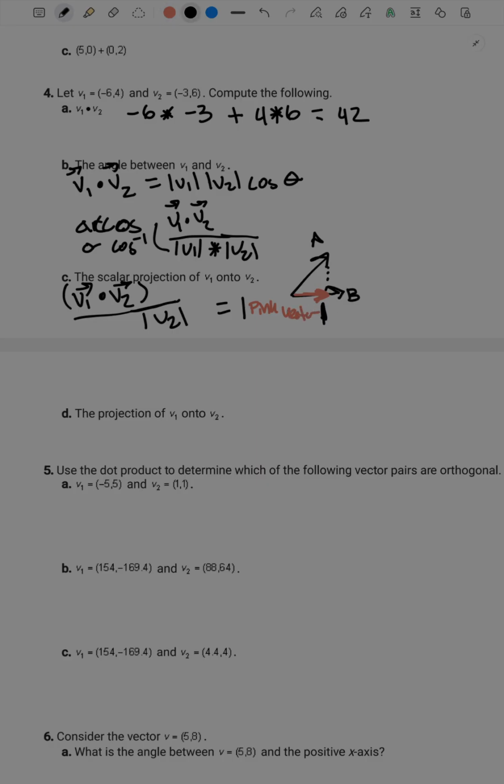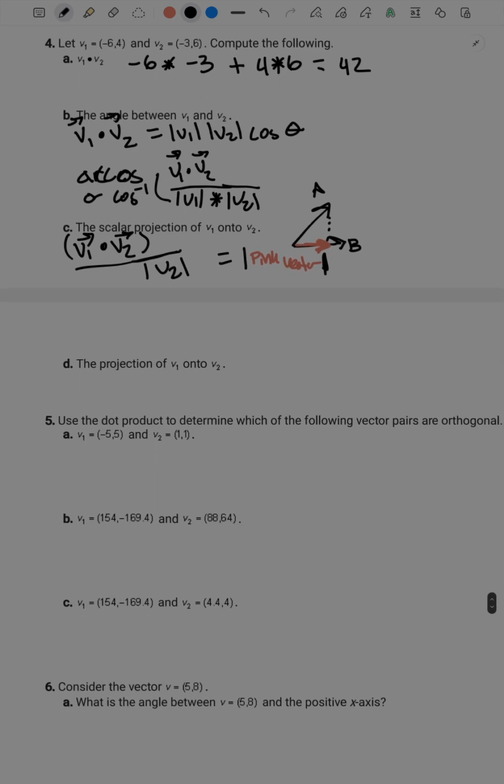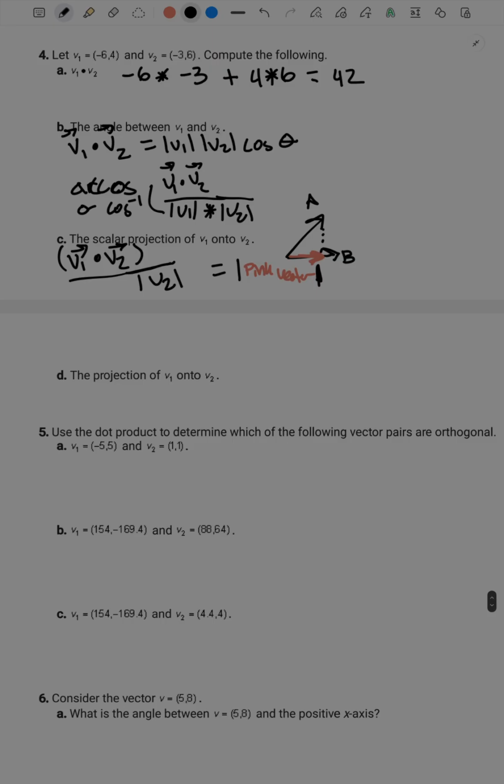But I'll double check on that before taking my word on that part. And then the projection gives you the vector itself, which I believe you multiply by b, but let me check.